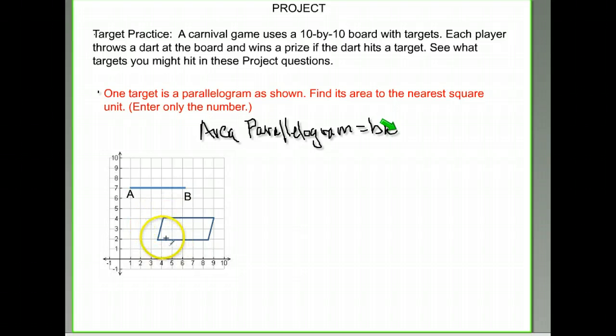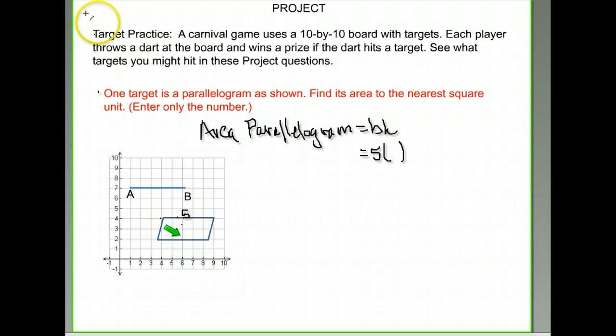Okay, now the base can be any of the sides. I'm going to choose this one because it goes from a corner to a corner, and I can just count the units. So it has a length of 1, 2, 3, 4, 5. Well, that's my base. The height is the distance between these two parallel sides. So they are 1, 2 units apart.